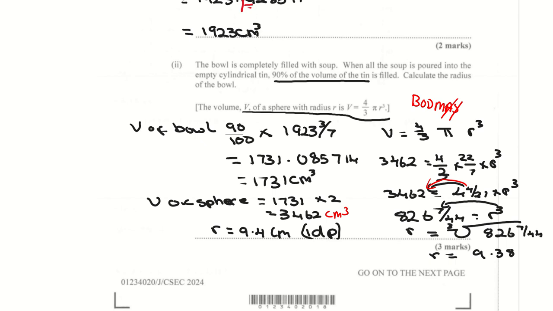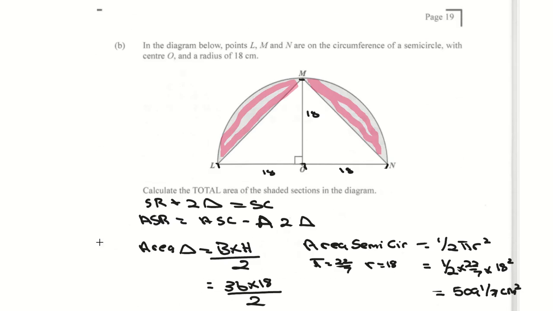Let's hold on. Is there more? Should be more. In the diagram below, L, M, N are on the circumference of the semicircle with center O and a radius of 18. So we know from the center to one side is 18. So O to M is 18, O to N is 18, O to L is 18.